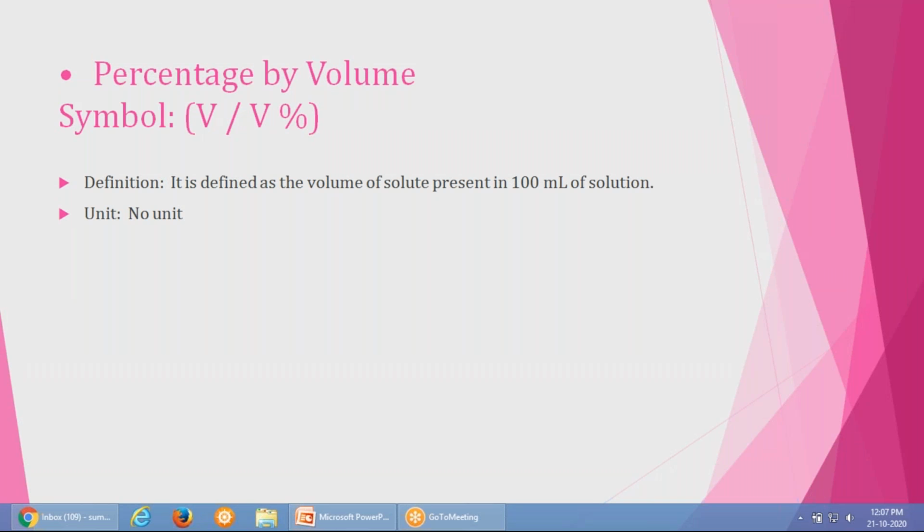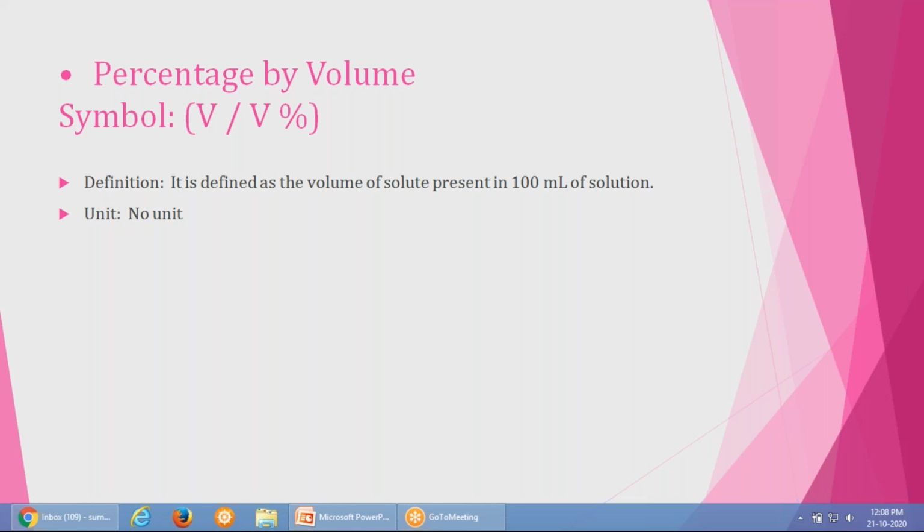So first, what is given, we'll write down. So volume of solute is how much? 50 ml. Volume of solute 50 ml. Ethanol is the solute here. Next, volume of solvent 300 ml.